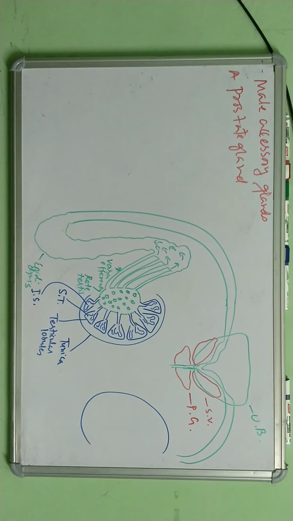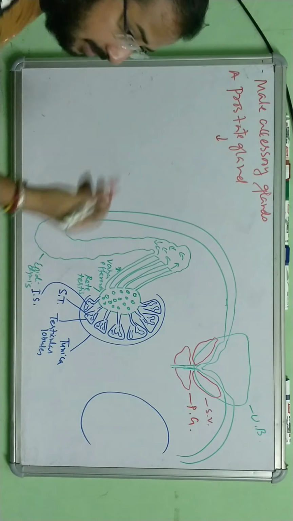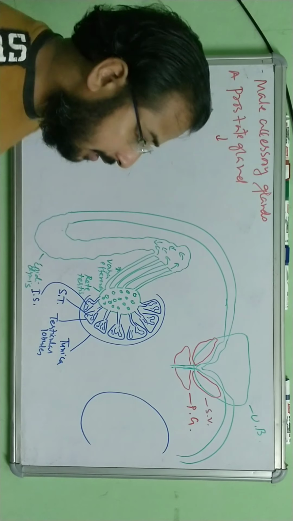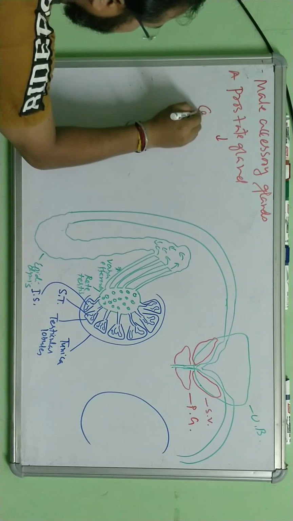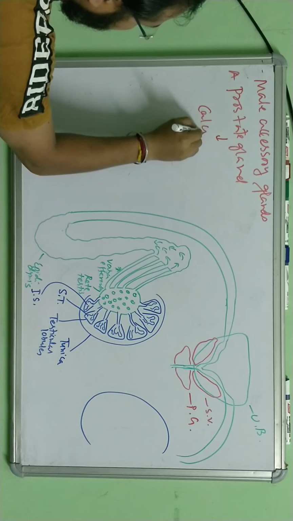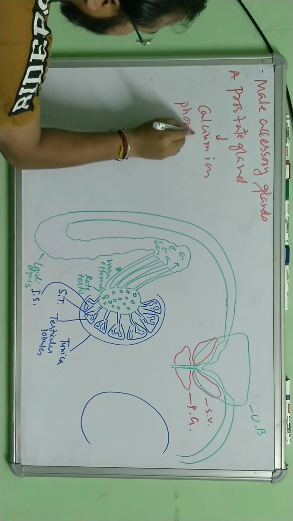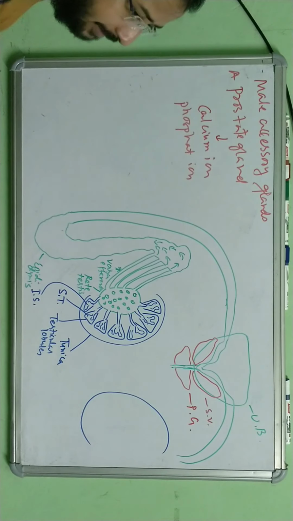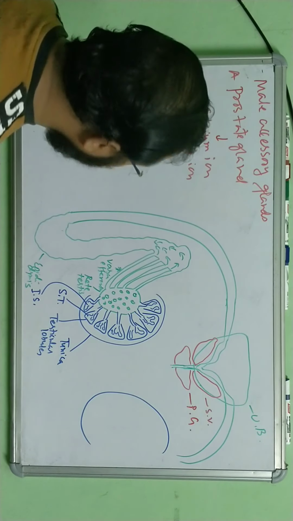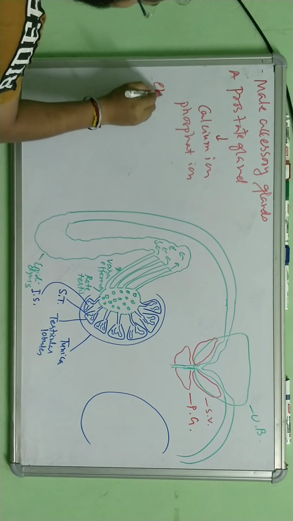The prostate gland secretes some fluids where we see examples like calcium ion present there. We also see phosphate ion present there. Apart from that, some enzymes are also there.